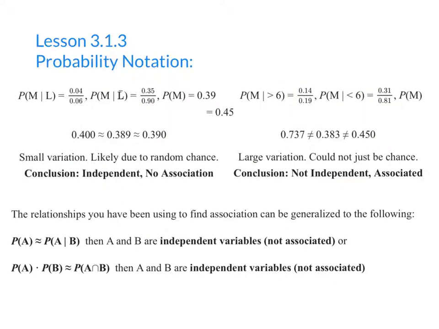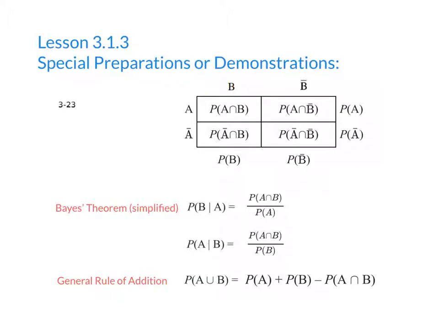Lesson 3.1.3 includes a Math Notes box clarifying the terms independent and association with examples. The addition rule and a simplified version of Bayes' theorem are derived from the two-way table in Problem 3-23. You want to push your class to complete this problem during the set and be comfortable leading the derivations if necessary.